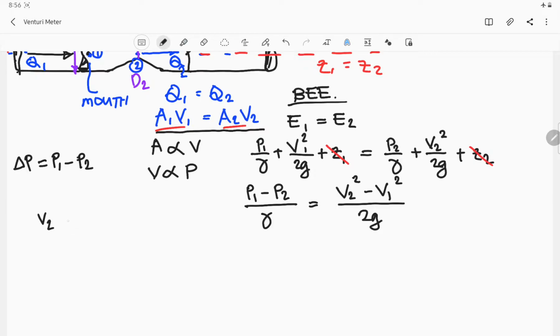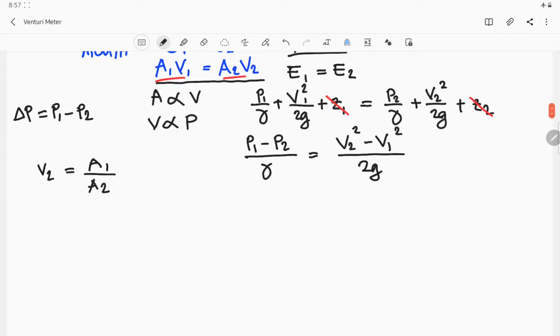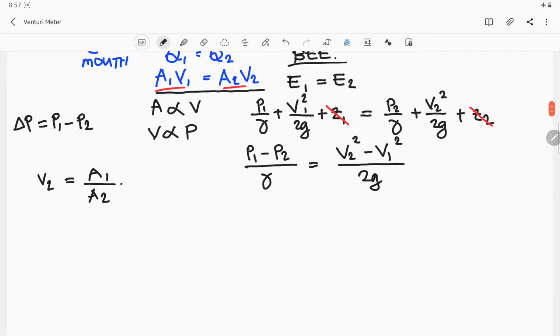So V2 is equal to A1 over A2 times V1, right?